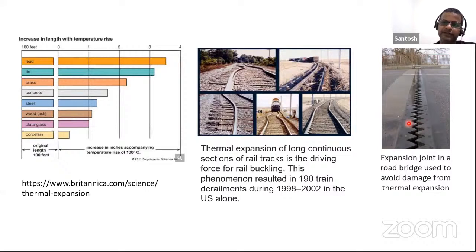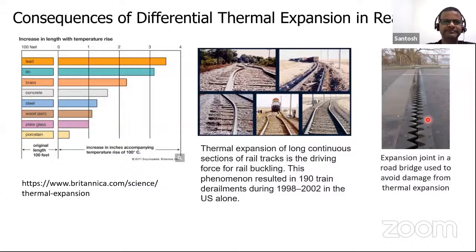There is always a gap between two slabs, and this gap is there because when the metal expands, there is space for it to move in so that it doesn't buckle and break down. So the effect of thermal expansion is taken into account in the design. Bridges have to be designed like this to prevent this effect. The reason I'm showing this is that the thermal expansion coefficient plays a big role in the design of IC packages. With this, let me go to the next slide.